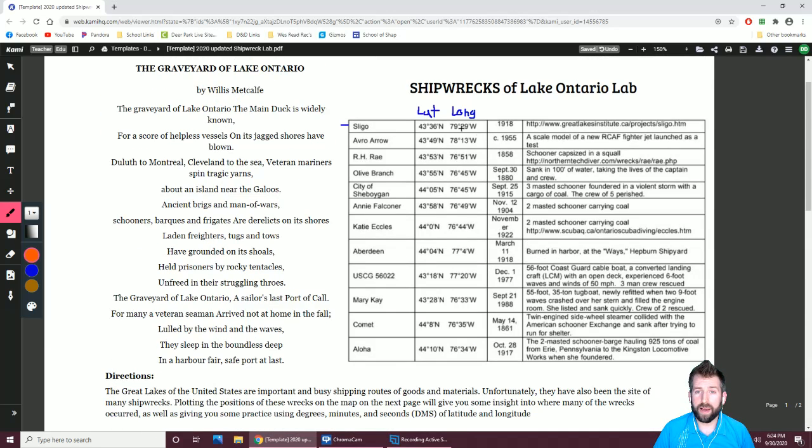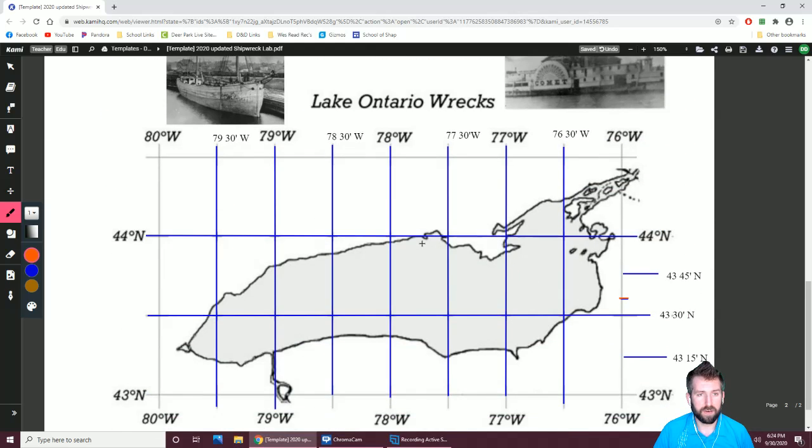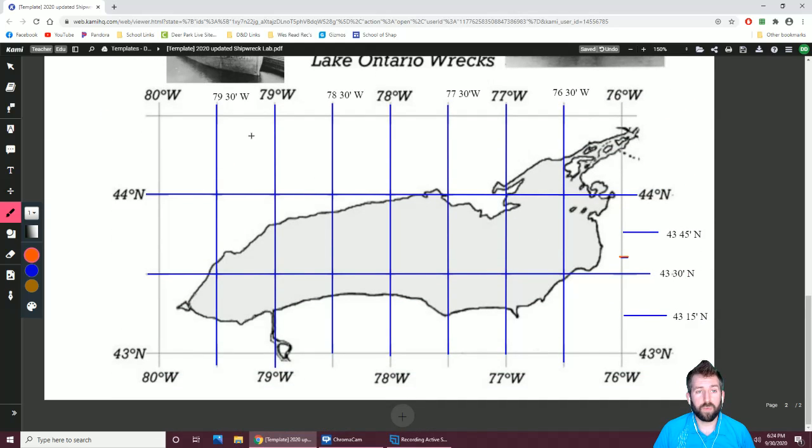If we go back up, we'll look for the longitude now. 79:29 west. So the closest thing we have to that is 79:30 west. Well, that should be very close. It's only 1 minute off. But the question is, what side does it go on?